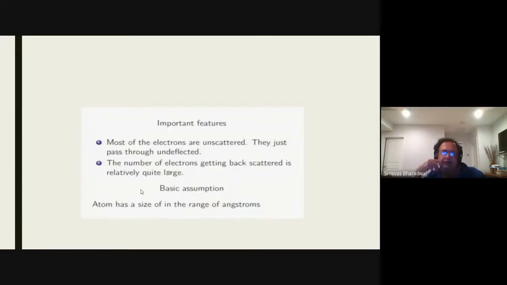Now, in the case of the electron, though, most electrons also pass through, right, when they push electrons against the foil, but there were a lot more that were getting scattered.